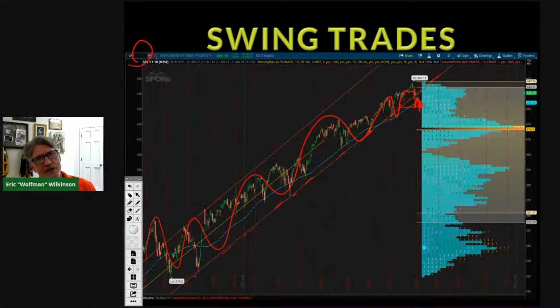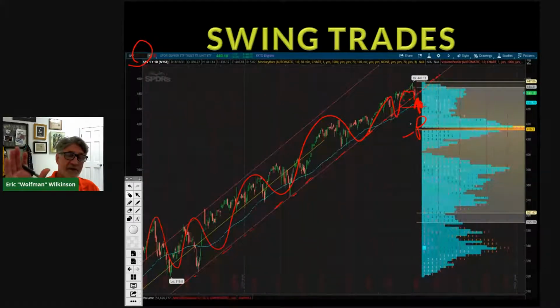Now, we would have to look at some of the internals to decide what the ultimate trade would be for this underlying. If it had high implied volatility, I would likely be selling options, right, because of the higher premium. We'll talk about that here also as we go along. But a higher premium would cause me to think, all right, I've got a bullish move here. I would be looking to sell something like puts in this example. If I thought it was going to maybe trend sideways, that would be a different strategy altogether. But in this perfect example, I'm trying to give an example of a bullish pattern within a bullish trend there.